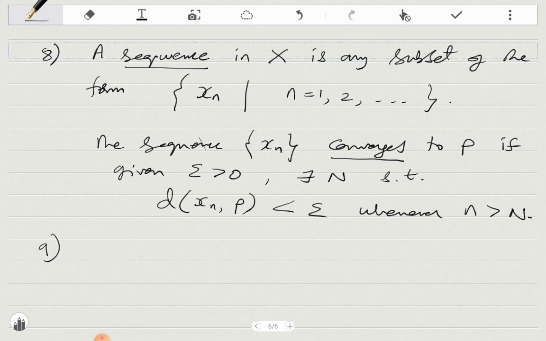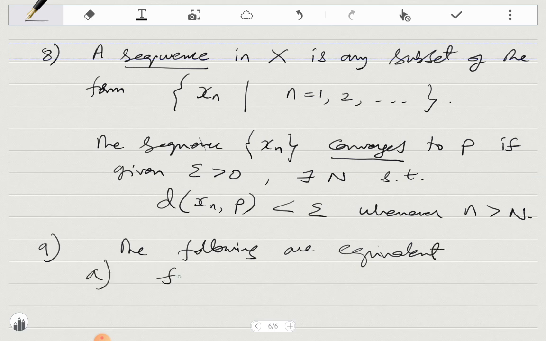Now, let's return back to continuity. The following are equivalent. A, f from X to Y is continuous.